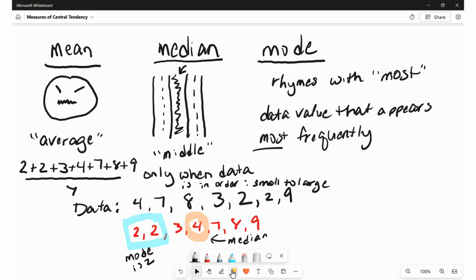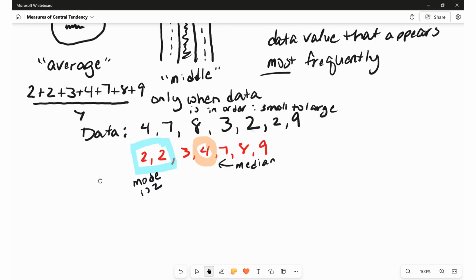Okay. So let's look at an example of finding all of these from a data set. It might be easier for me to type this in.